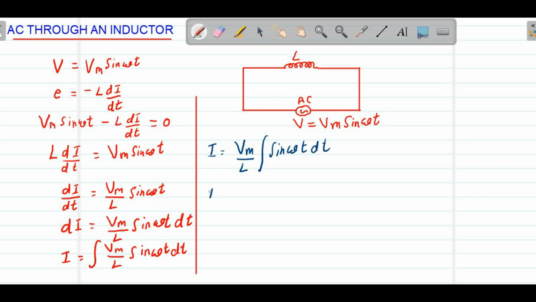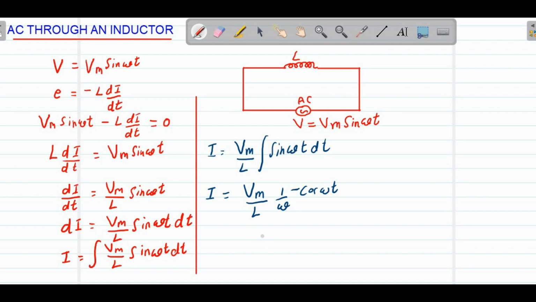So the next equation can be written as I, the instantaneous value of current, is equal to Vm by L into 1 by omega into minus cos omega t.